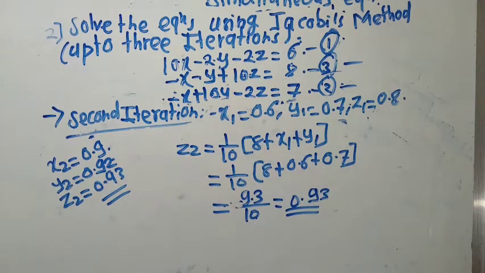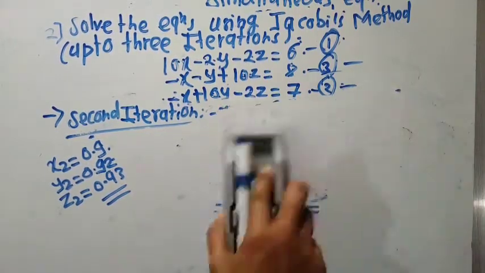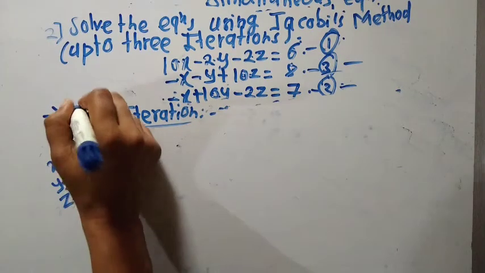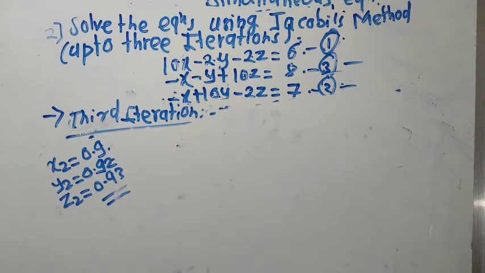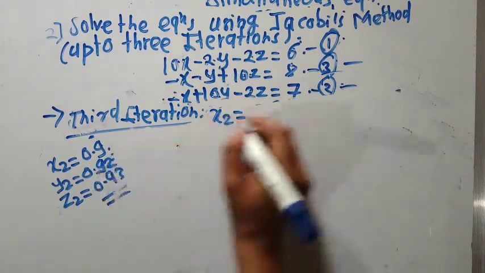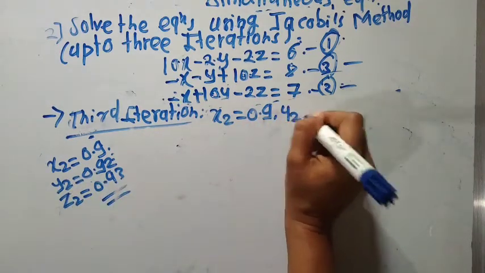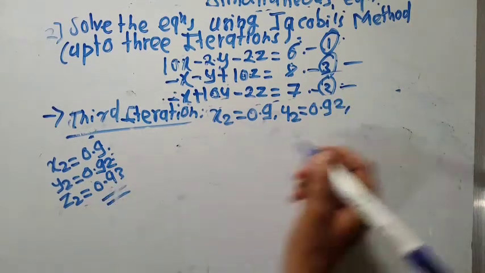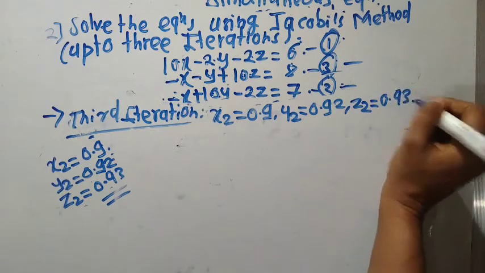Then by using these values, find the third iteration, where x2 is equal to 0.9, y2 is equal to 0.92, and z2 is equal to 0.93.